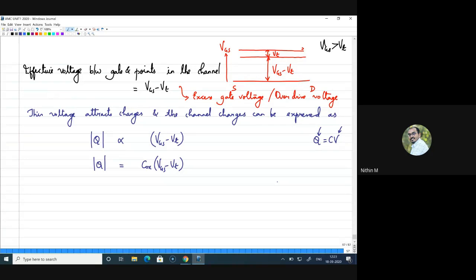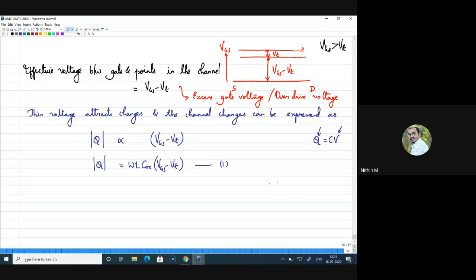What is the area? Area of the channel. So how will I get area of the channel? Area of the channel can be obtained by multiplying the dimensions of the channel. You have width of the channel and you also have length of the channel. So I will write this as WL into Cox. I hope this is clear. I'll just put this as equation number 1. I'm definitely open for discussion.